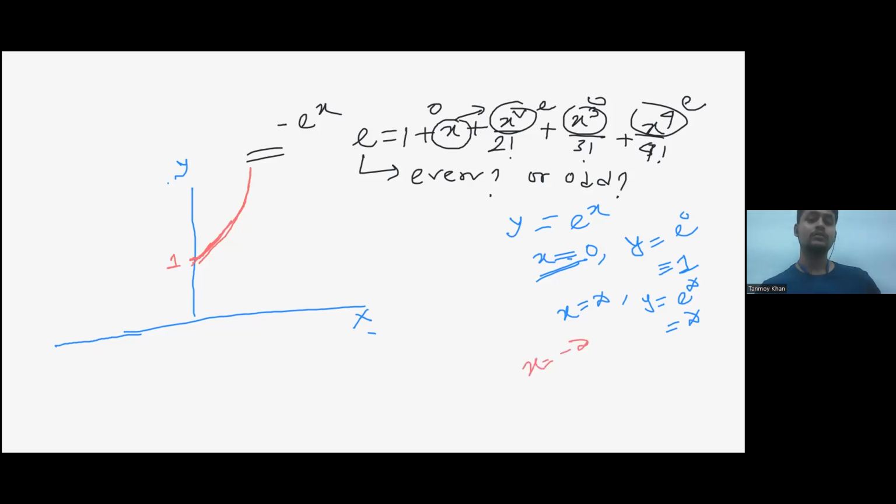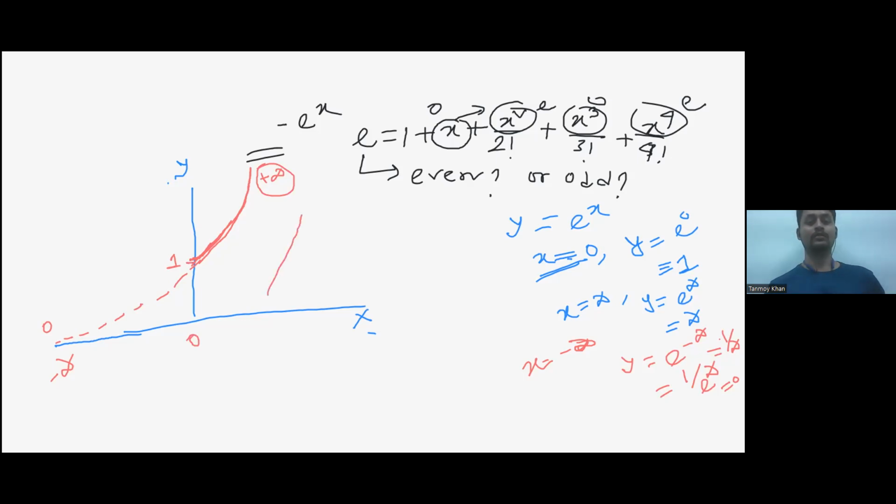You can think of y as 1 by e to the power infinity, and 1 by infinity means 0. So at minus infinity, y is 0. So this function will look like this: at minus infinity it is 0, at plus infinity it is infinity, and at 0 it is 1.